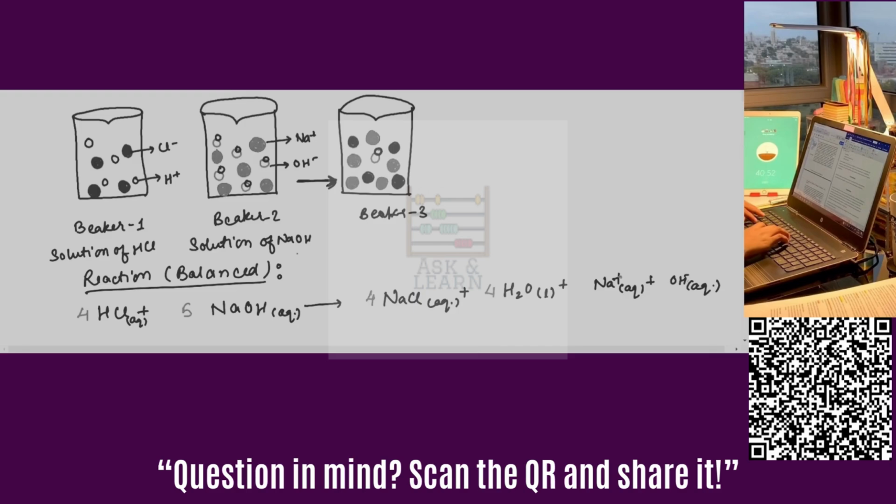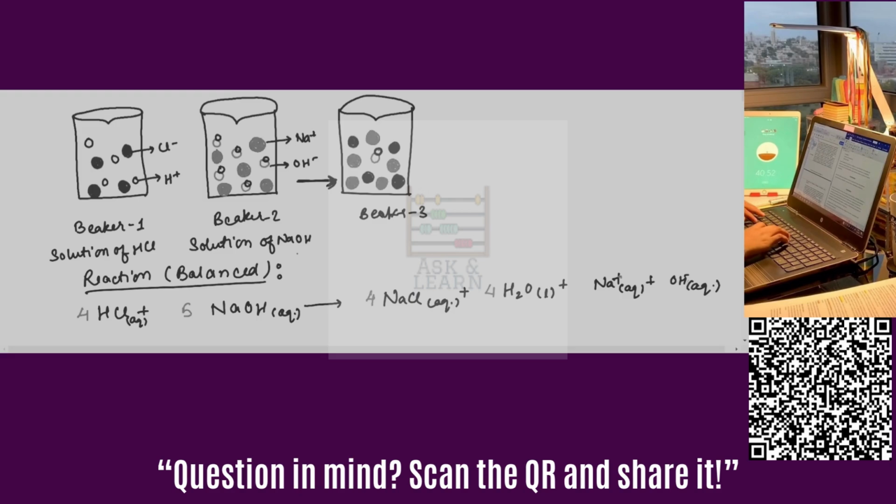Why? Because 4 Na plus we have taken here, and here it will be Na plus. So this whole makes 5 NaOH, so 5 Na plus ions should be there. Here OH minus is there, and we have 4 OH.